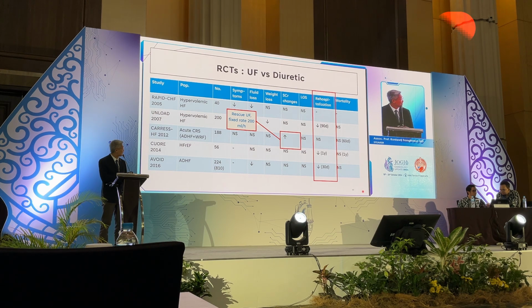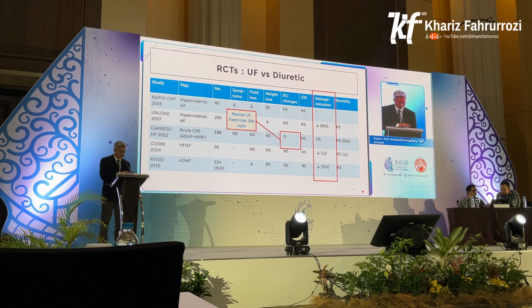But you can see that their population looks different from other studies. They used ultrafiltration in cardiorenal syndrome as a rescue therapy, and they turned the ultrafiltration rate a little bit higher than other studies. This might explain why patients got renal dysfunction during ultrafiltration.